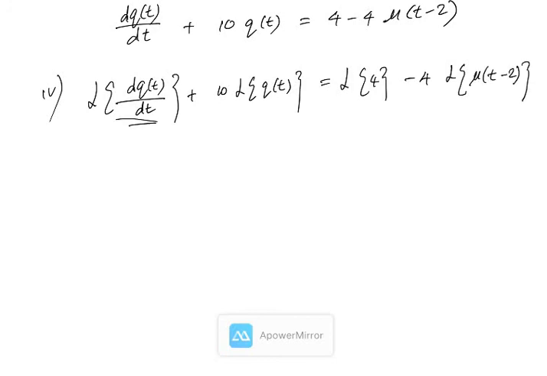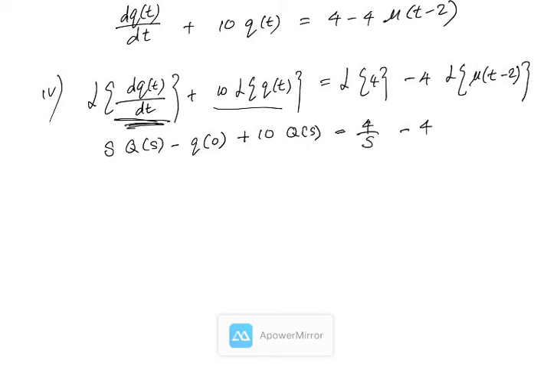Via the Laplace transform of derivative, we can change this one to sQ(s) minus q(0), and then this one to plus 10Q(s) equal to the Laplace transform of 4, which gives 4 over s, and the Laplace transform of u(t minus 2), which gives e to the power negative 2s divided by s.